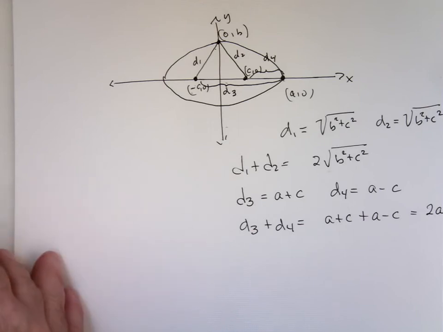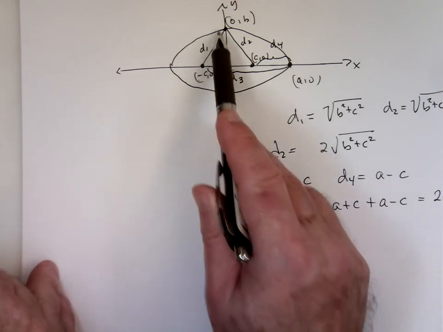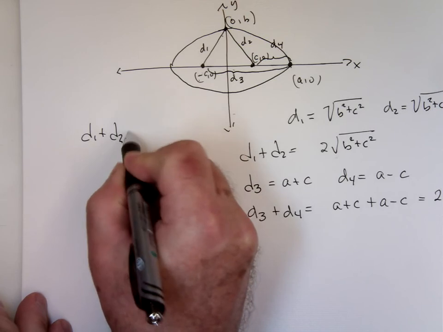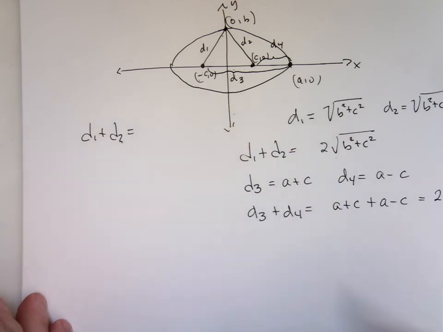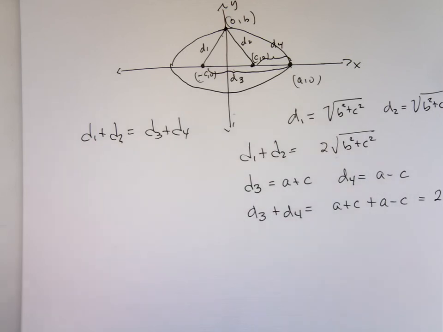And what do we know is true? We know that D1 plus D2 must be equal to D3 plus D4, because the sum of the distances is equal to a constant no matter where you are on the ellipse. That's what an ellipse is.